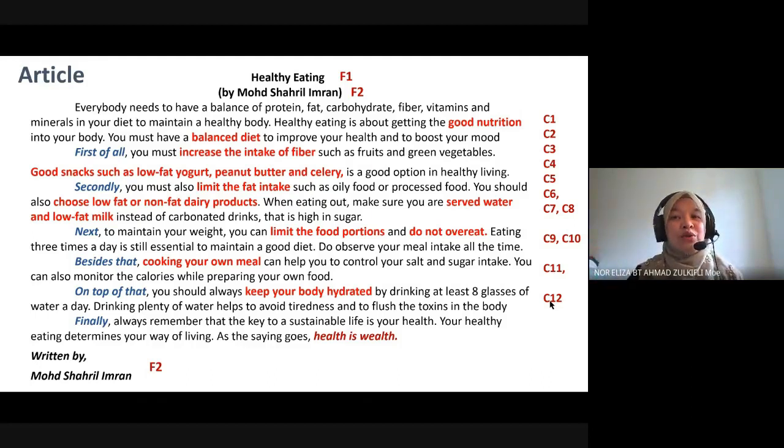That is fair for you to see whether you have got all the points given to you and you have written it in your article or in your writing. If you don't have it, it's okay. That means you have your own checklist on your question paper and make sure that you have it in your writing. Do not miss any of it because these are points and we want to get as many points as possible.